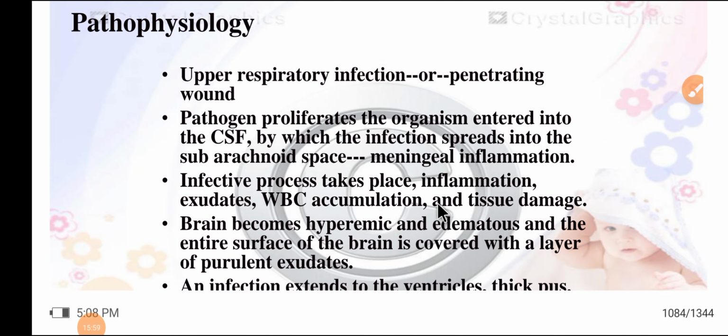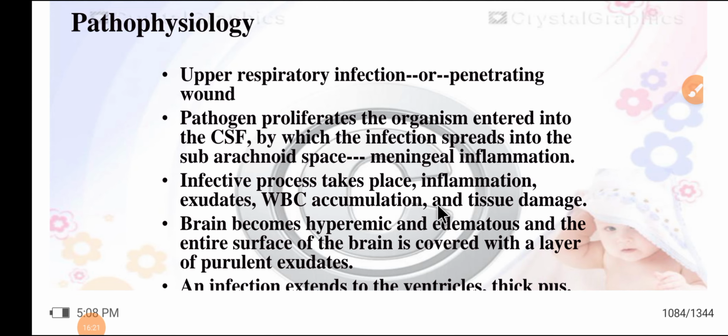Pathophysiology: upper respiratory infection or penetrating wound. Pathogen proliferates. The organism enters the CSF, by which the infection spreads into the subarachnoid space. Meningeal inflammation. Ineffective immune process takes place.